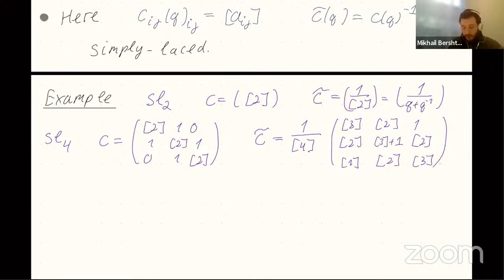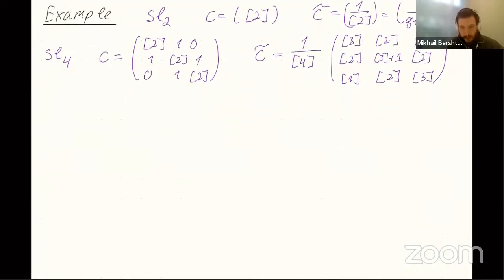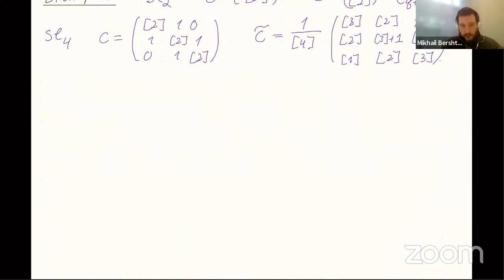So C tilde is a matrix where we have some denominator, and up to some simple denominator, we have matrices which are quite nice. Maybe it's okay. For example, maybe this.